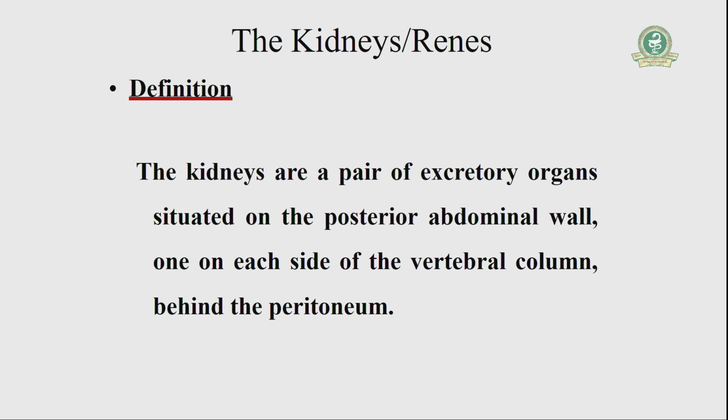The kidneys or reins. Definition: the kidneys are a pair of excretory organs situated on the posterior abdominal wall, one on each side of the vertebral column, behind the peritoneum.